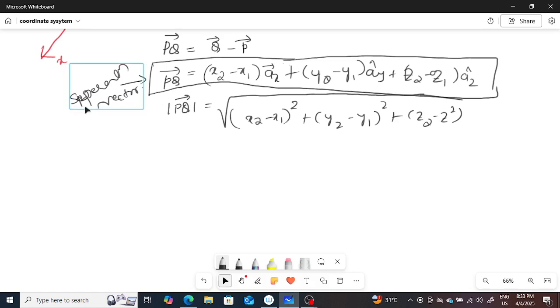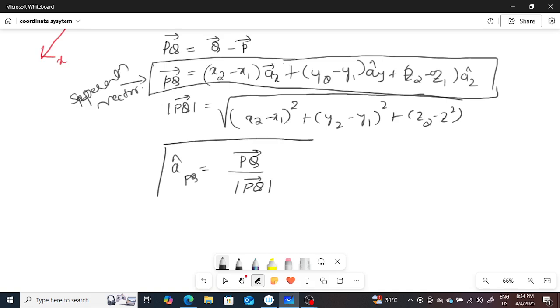Now how to find the unit vector here, a_PQ, because I need a direction, right? a_PQ is a direction. I am writing these formulae for the direction of PQ. So how to find that? a_PQ is nothing but vector PQ divided by the magnitude of vector PQ. This is the same thing which you already derived in a previous session, how to find the unit vector. Same formula.